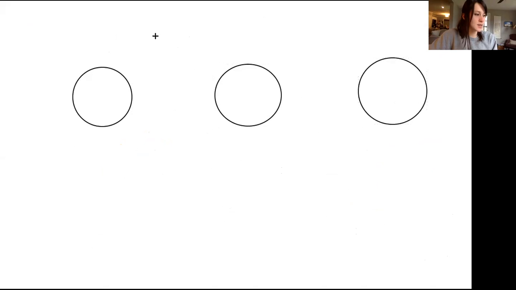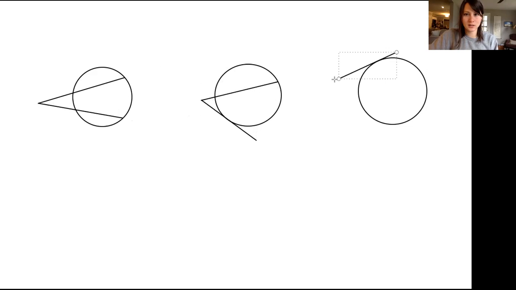And we're going to have some secants and tangents that intersect outside the circle. So first I'm going to have 2 secants that intersect outside the circle. And then I'm going to have a secant and a tangent intersect. And then I'm going to have 2 tangents intersect.